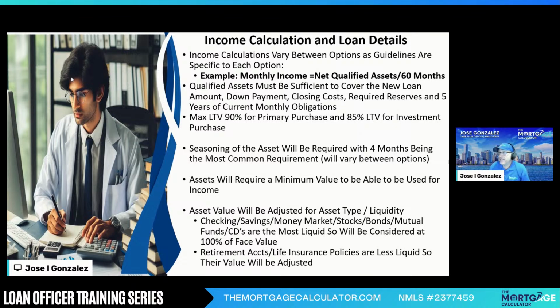So let's break this down. Now they're talking about net qualified assets, right? Well, the way we're going to qualify our assets is to make sure that they meet the points we're going to cover right now. So first thing to consider is that the qualified assets must be sufficient to cover the new loan amount plus the down payment plus the closing costs plus required reserves plus 5 years of the current PI, TI, and if applicable, any association fee.